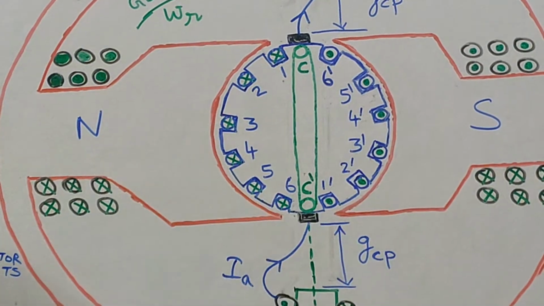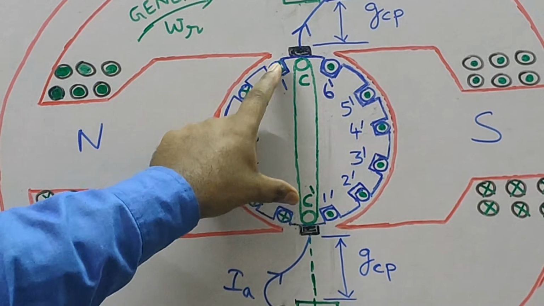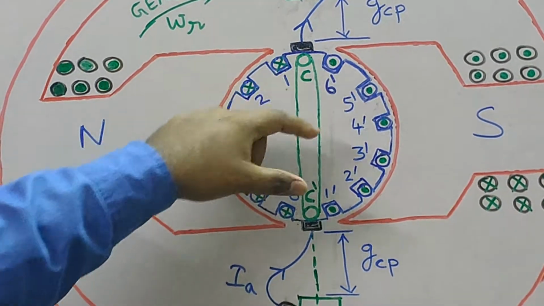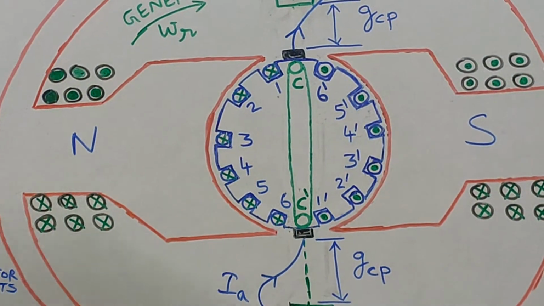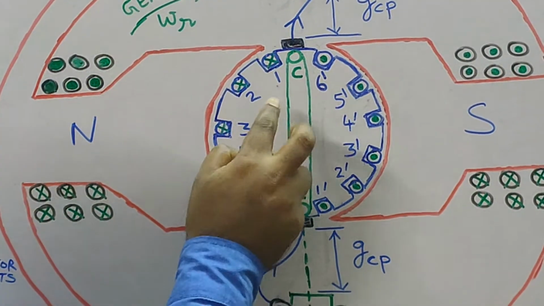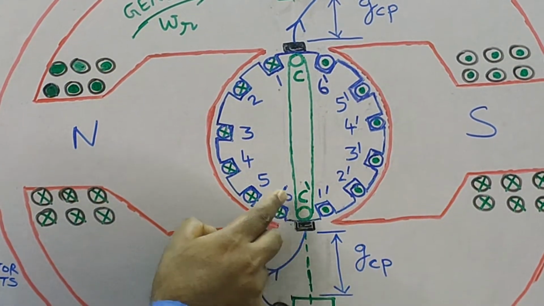So what you see is that once the coil is traversing the width of the brush, the induced EMF polarity on the coil side is getting changed. You can look here in the diagram, that after a few degrees of rotation, what will happen?